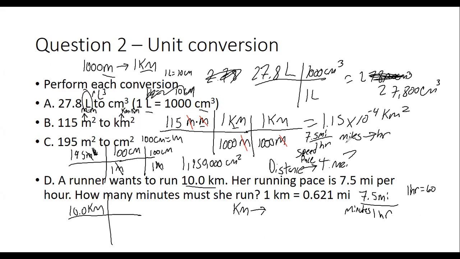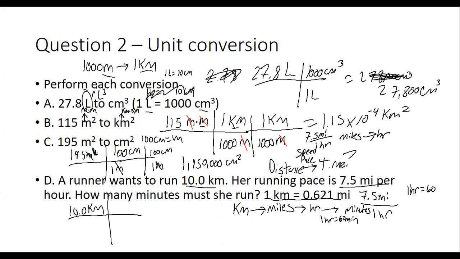I already saw in my pace, I can convert directly from miles to hours. So the first thing I need to do is to convert from kilometers to miles. And I can do that because I was given that conversion. Once in miles, I can convert to hours because of my pace. Then, since I know 1 hour is 60 minutes, I can convert between hours and minutes.